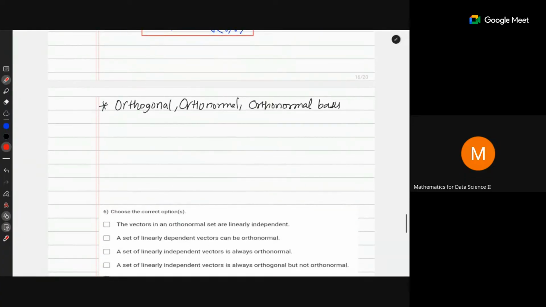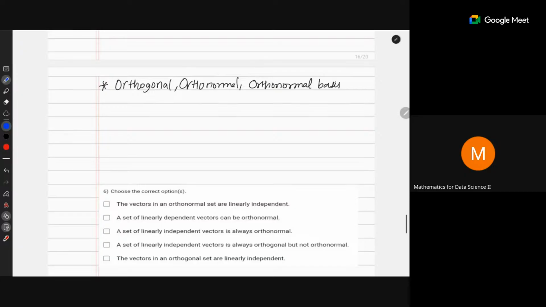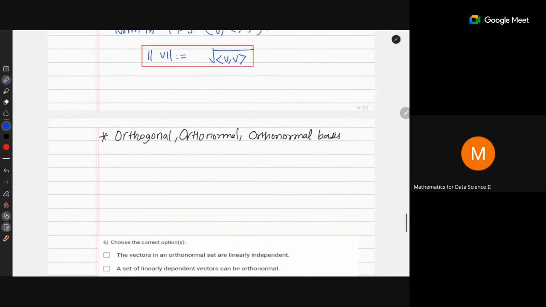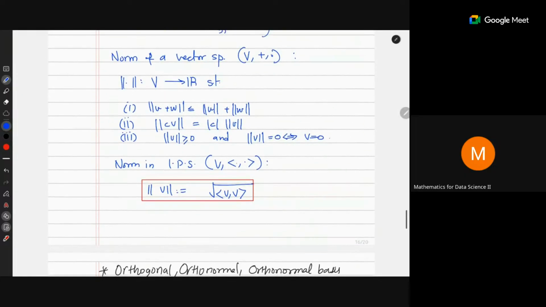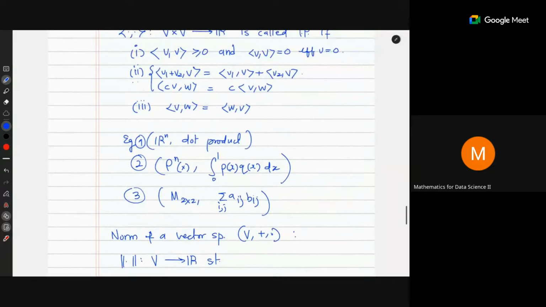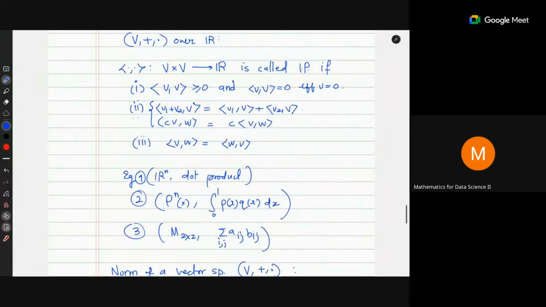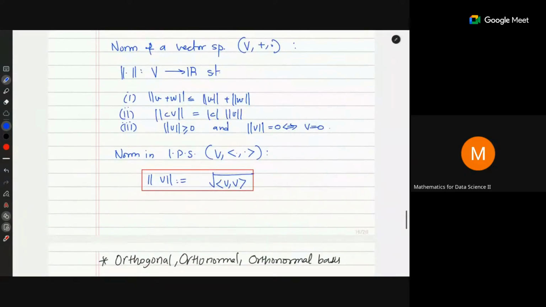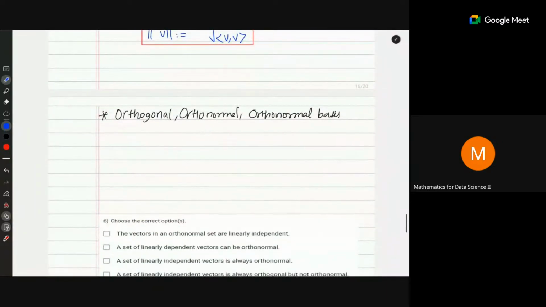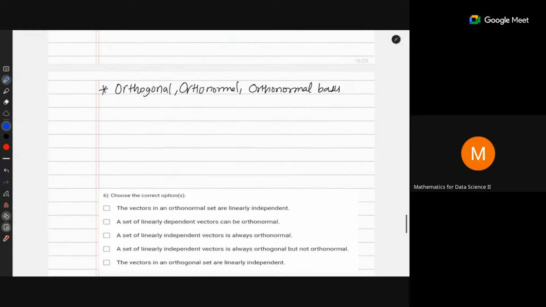Okay. So now what about orthogonality? Once you have the norm with the inner product structure, you can talk about, in some sense, the angles. So we say the perpendicularity concept in R2 translates into orthogonality in case of the abstract vector space.